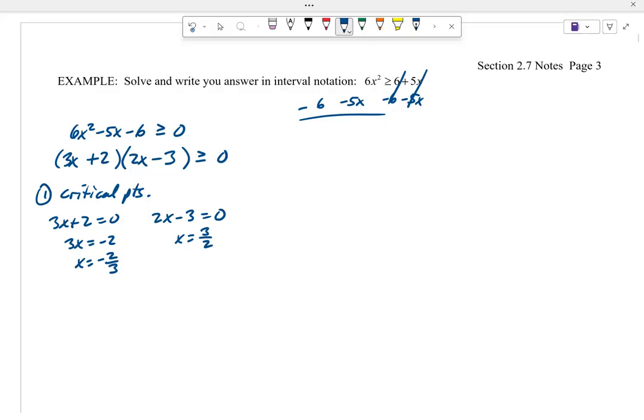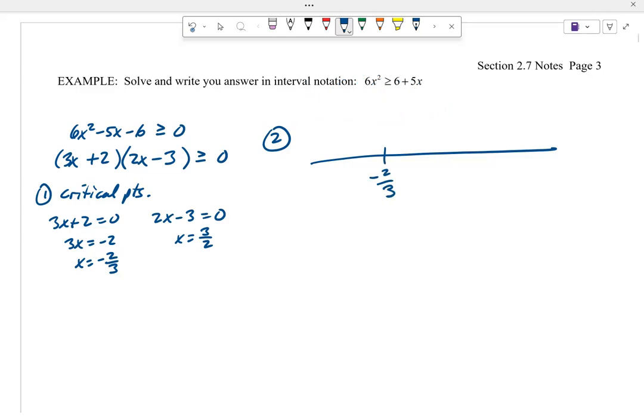So when I'm on my testing interval, I'm going to put on there negative 2/3 and 3/2. And then I want to decide, am I going to include those? Well, we could test negative 2/3 into the original, or the factored form of this. Is that greater than or equal to 0?